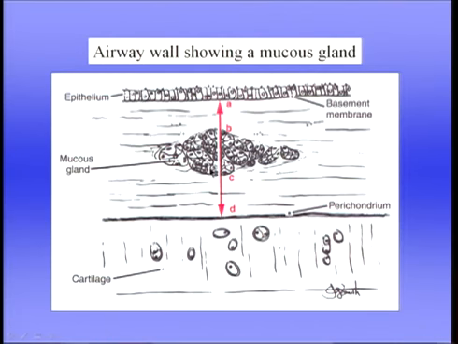It produces 2 kinds of material, a serous material and a mucus material, and that's why it's sometimes called seromucous. There are ways of measuring the amount of these glands using an index, which I'm not going to go into, because the increase in size of these mucus glands is the hallmark of chronic bronchitis.